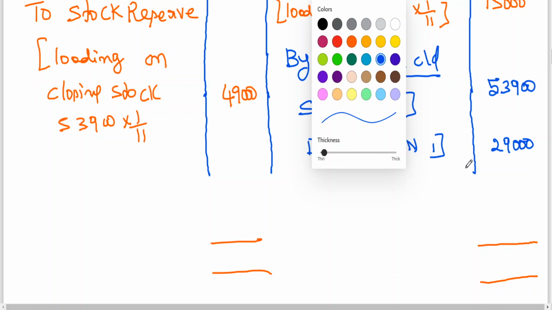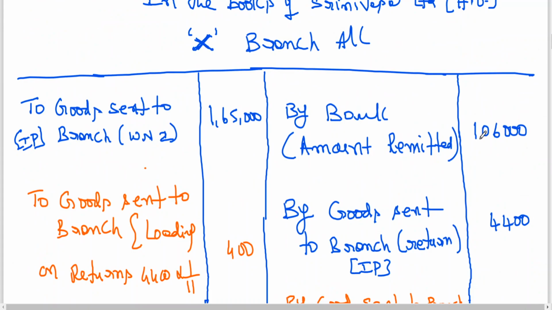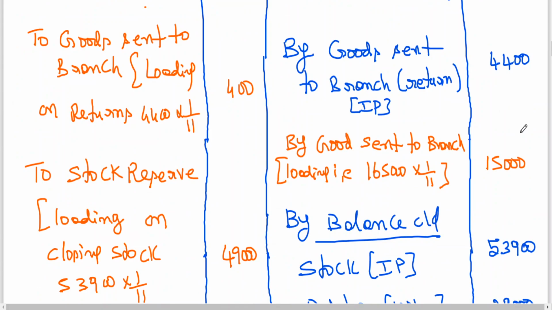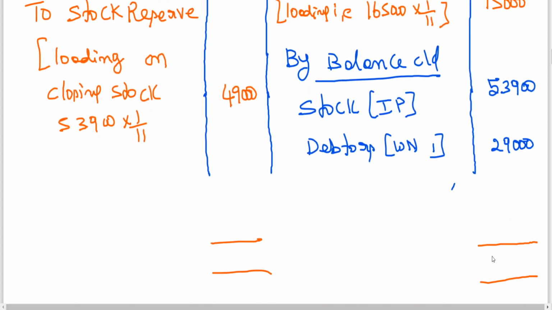Now let us see these values. 1,06,000 plus 4,400 plus 15,000 plus 53,900 plus 29,000. It is coming to 2,08,300.